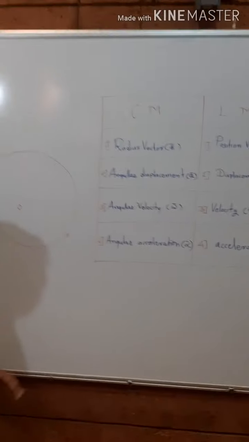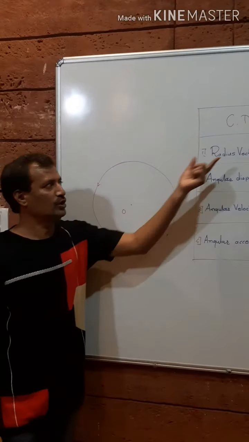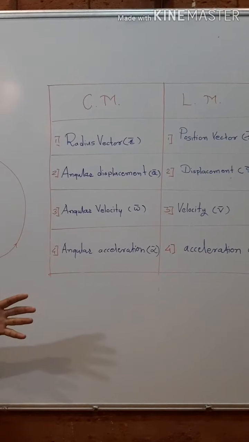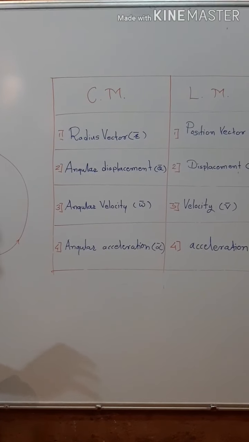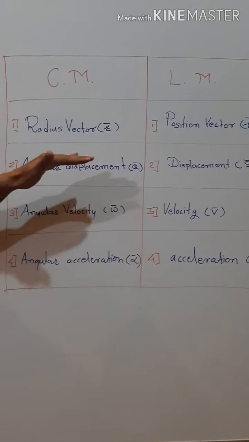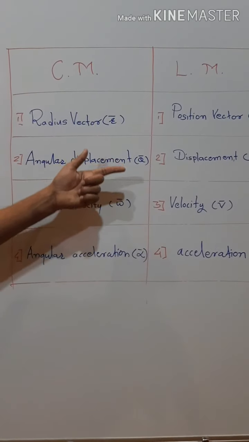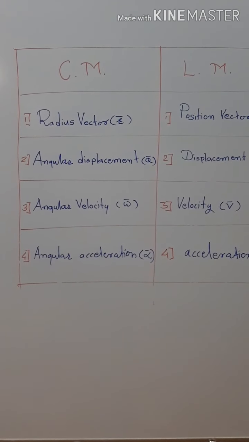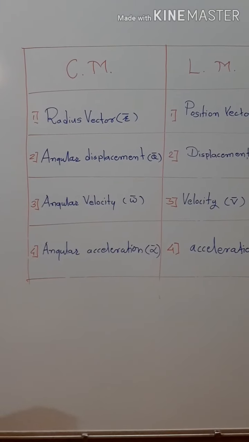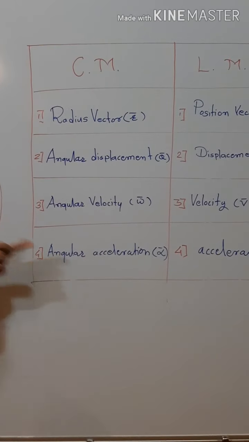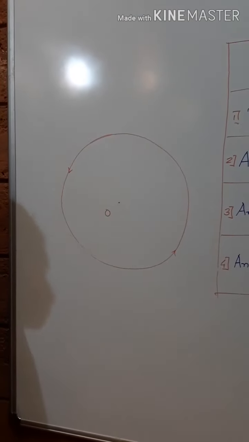If we are able to use these quantities for the description, then we are able to understand the analogy as well as the kinematics of circular motion. Now let us see how these physical quantities are used to describe circular motion.